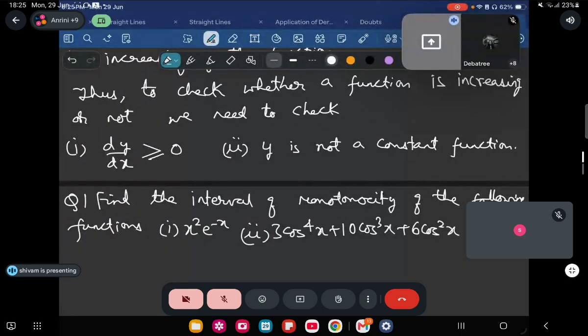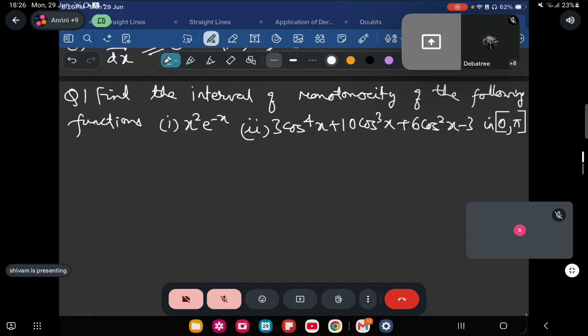See, these types of questions are very much important for JEE. You see PYQs, you will understand. In 0 comma pi. Solve. Question number 2.